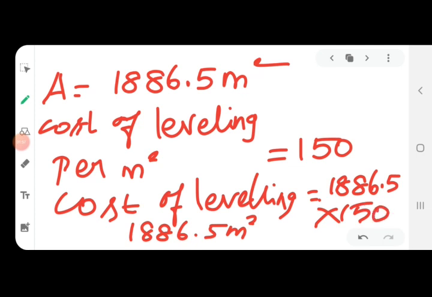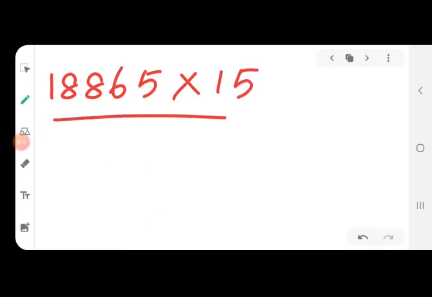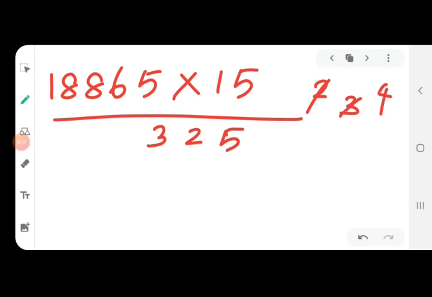So simply I can multiply with 15 and then we will put a 0. Okay. So 1886.5, afterwards we will put the point, multiply with 15. First 5 table, 5 5s are 25, remaining 2. 6 5s are 30, 30 plus 2, 32, remaining 3. 8 5s are 40, 40 plus 3, 43, remaining 4.